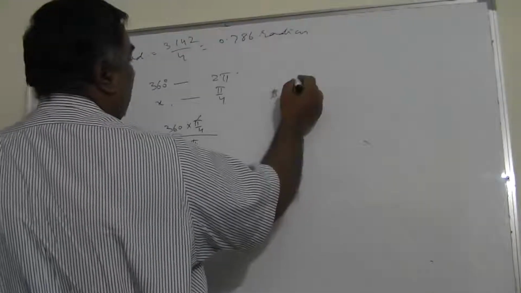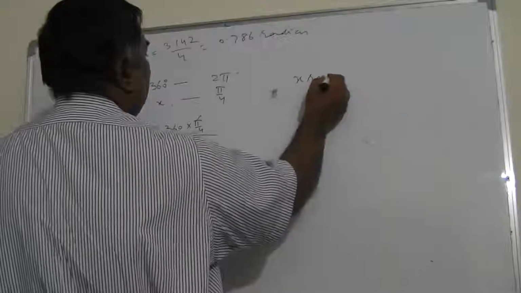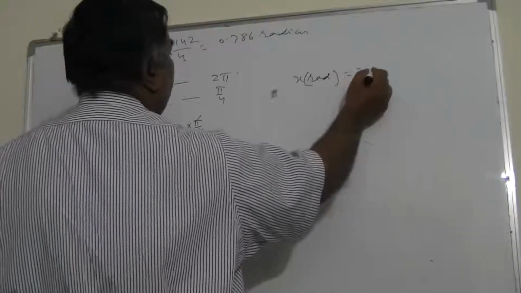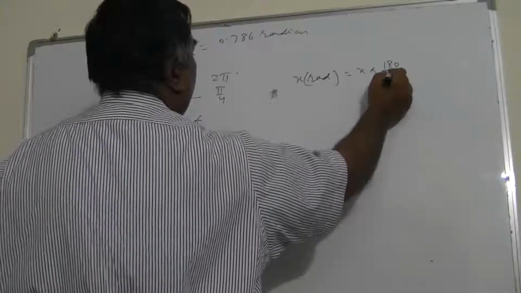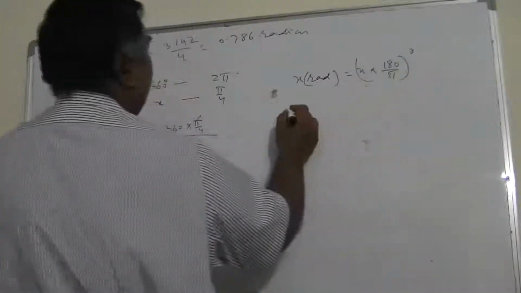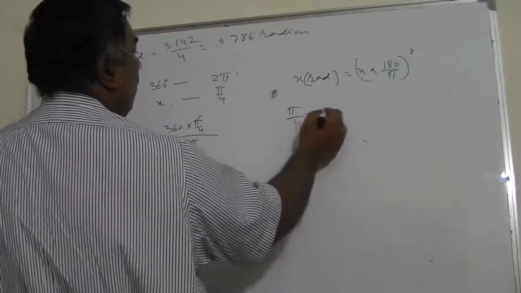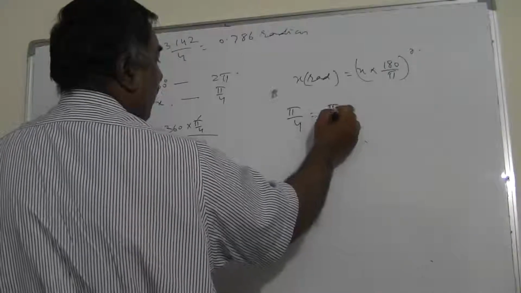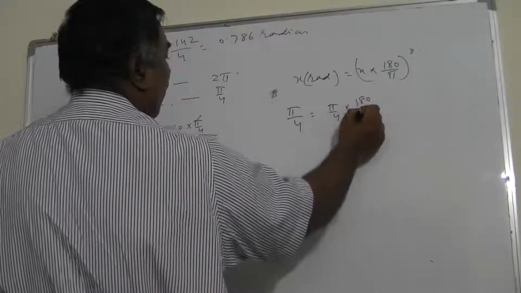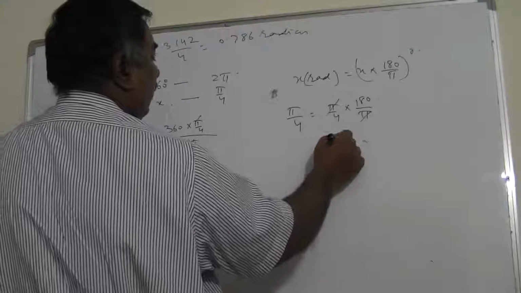The other formula is, if x is given in radians, just multiply it by 180 upon pi, and it becomes degrees. So here it's pi upon 4 into 180 upon pi, pi is cancelled and it's 45 degrees.